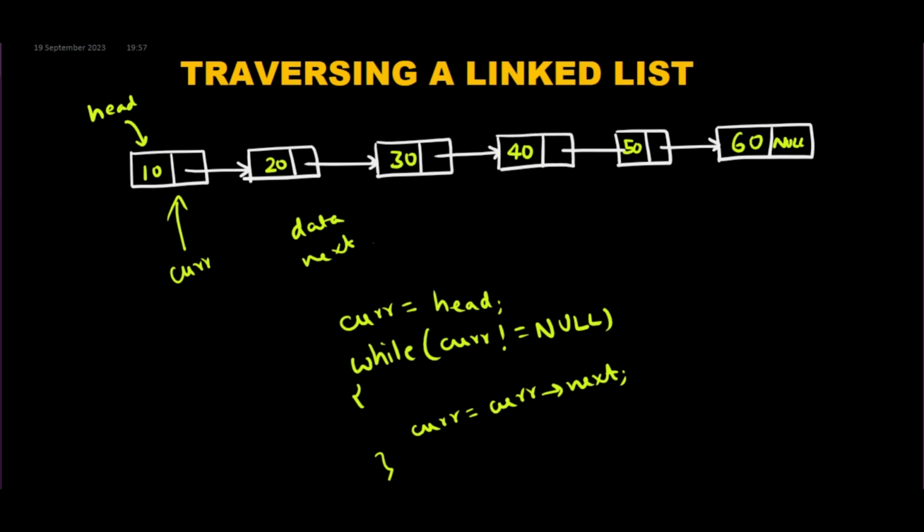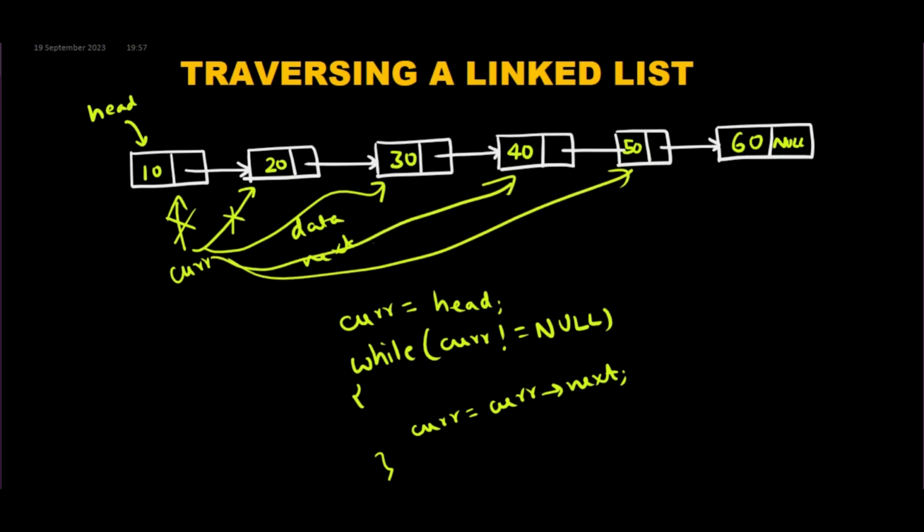So now the current will move from head to this node, and again it will check if the current is null or not. Of course it's not null. So now the current will move from here to here, and in the next step it will point to this, the next step here, and in the last step here.